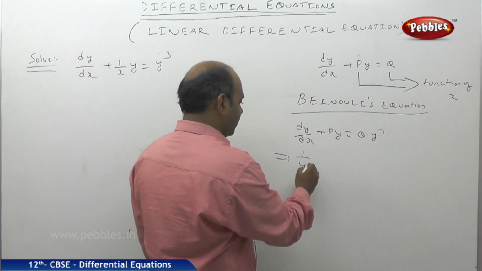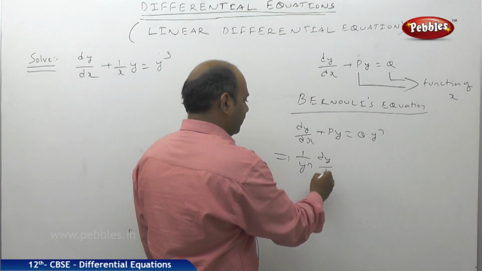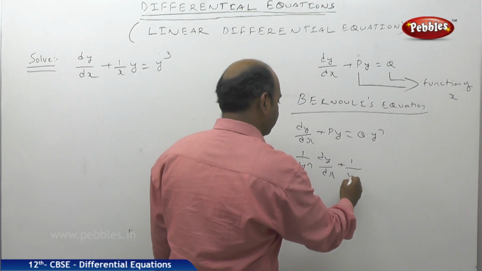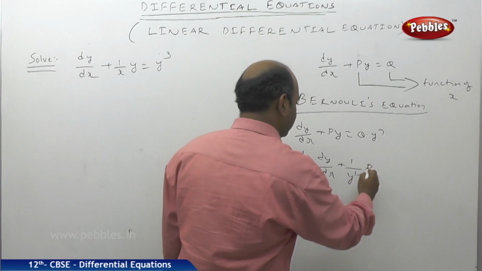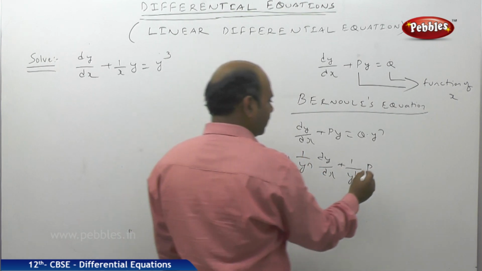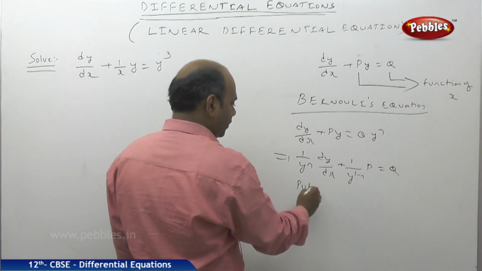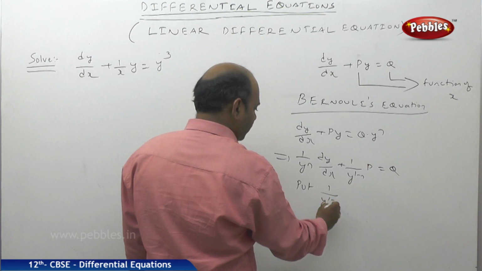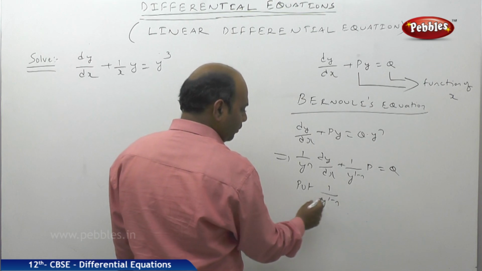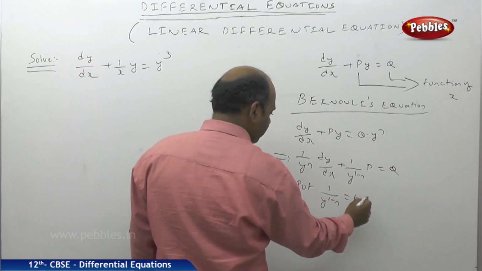So what happens? (1/yⁿ) dy/dx plus (1/y^(n-1)) P is equal to Q. In these problems there is a rule: we put 1/y^(1-n) equal to t.